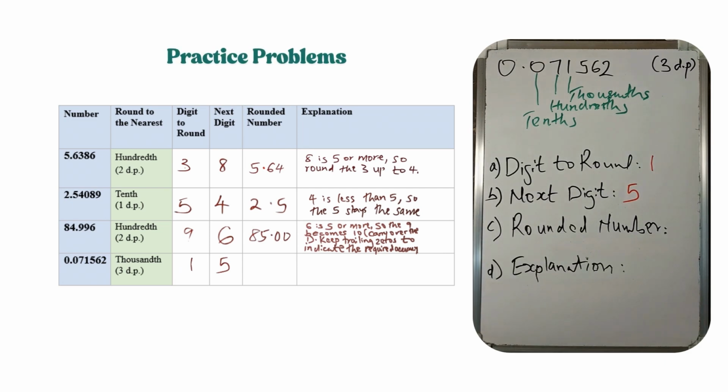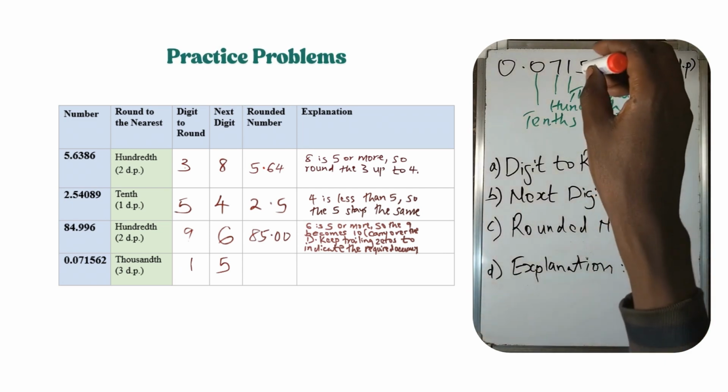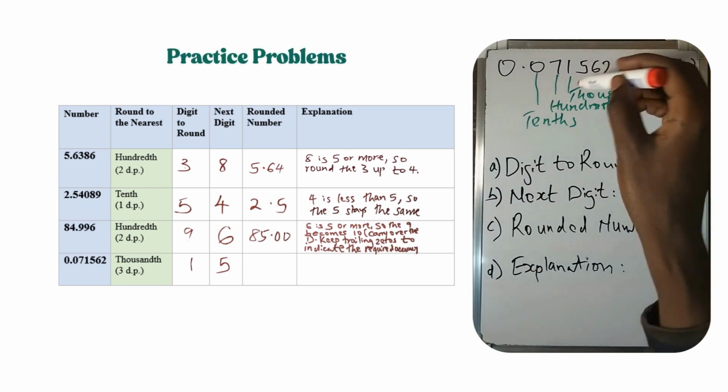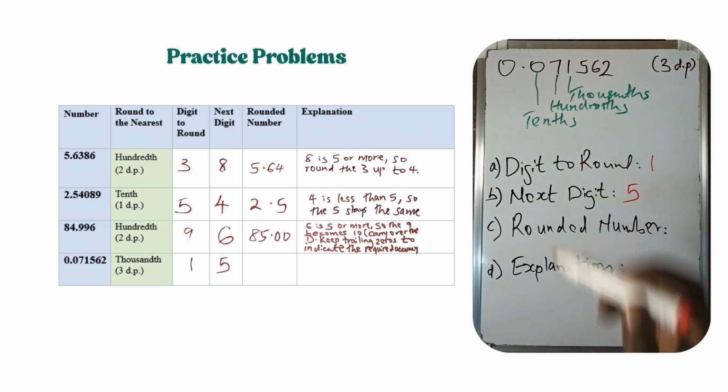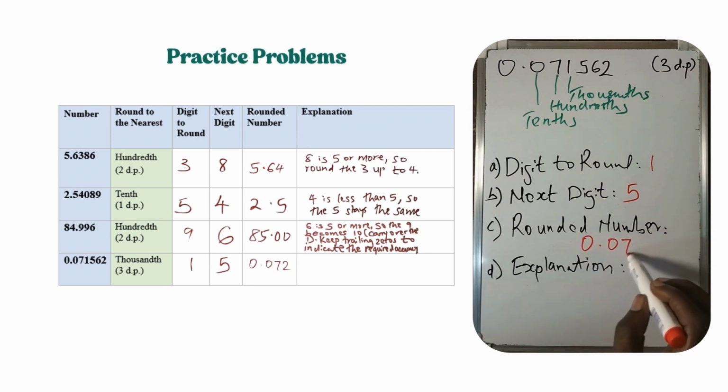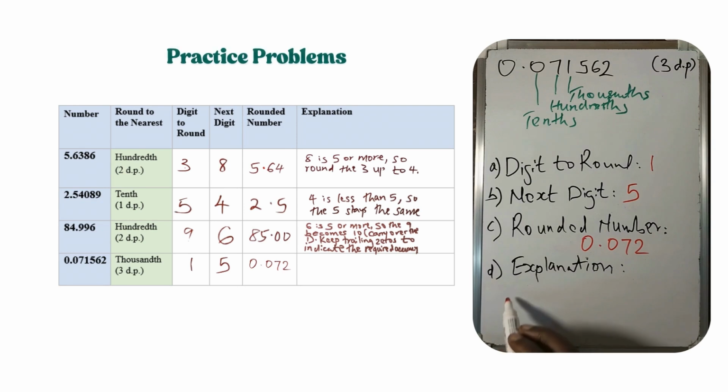And now the rounded number will be, we'll consider this 5. If it's 5 or more, we'll add 1. So we'll have 0.072. And now what's our explanation? 5 is 5 or more.